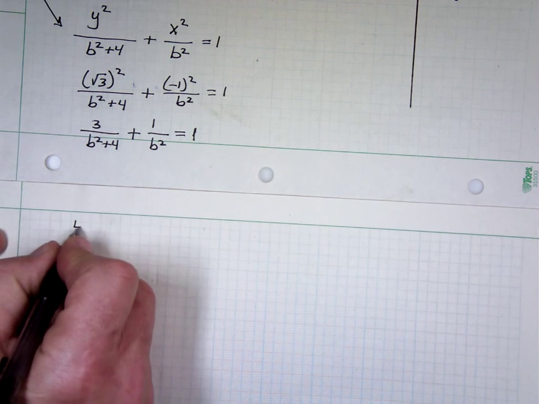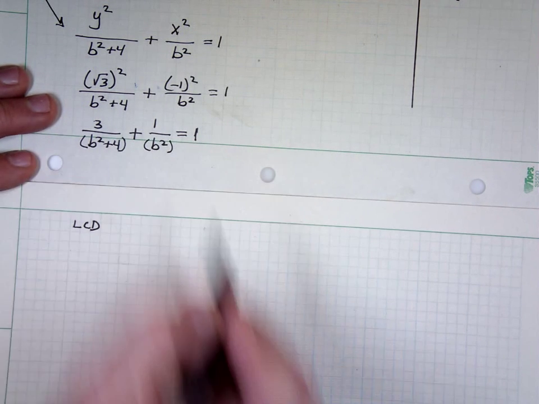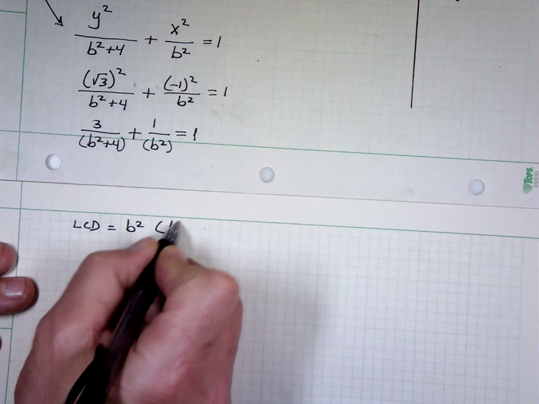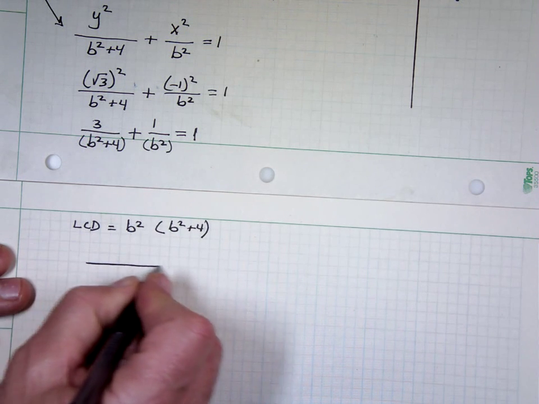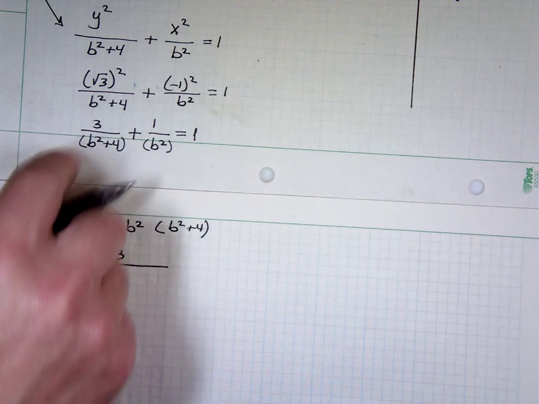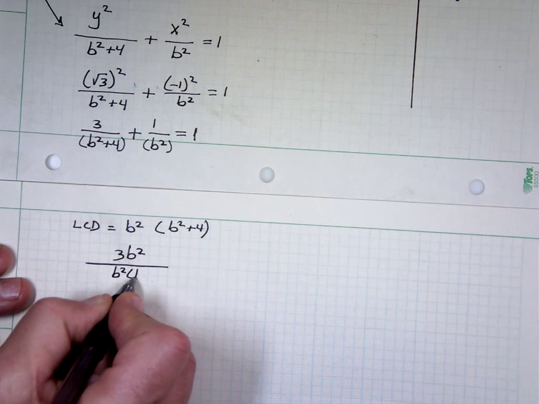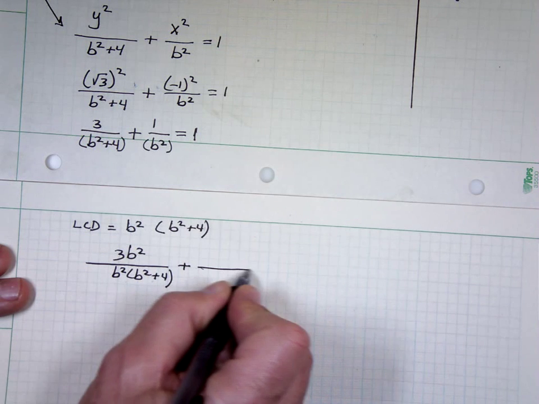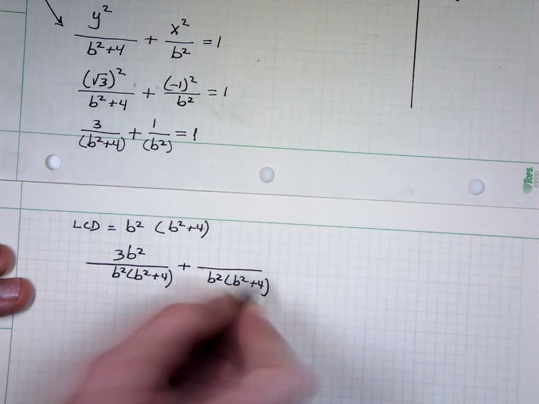Because this is one piece, that's another one. So the least common denominator is b squared times b squared plus 4. If I rewrite that, I've got to multiply this one by b squared, and this by b squared plus 4.